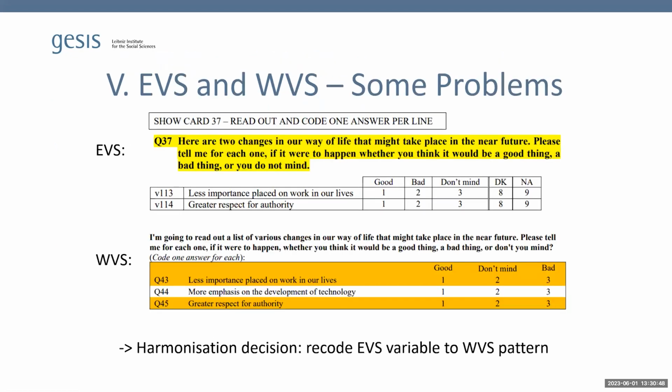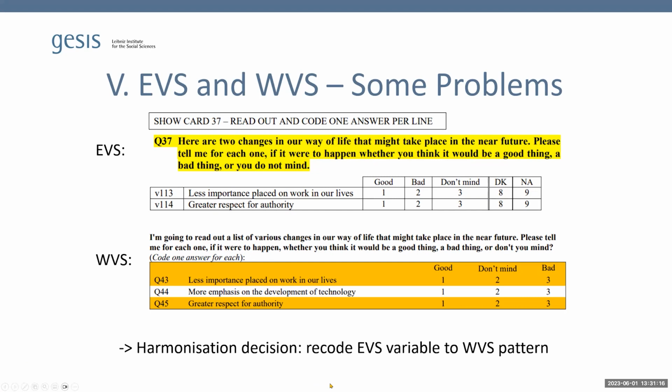A few examples of the problems you need to deal with when merging these things. We have extremely similar questions here, for example, taken from the most recent waves. This is about potential value change and the assessment of that.